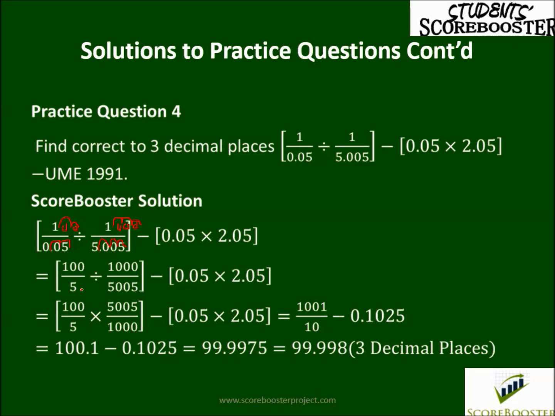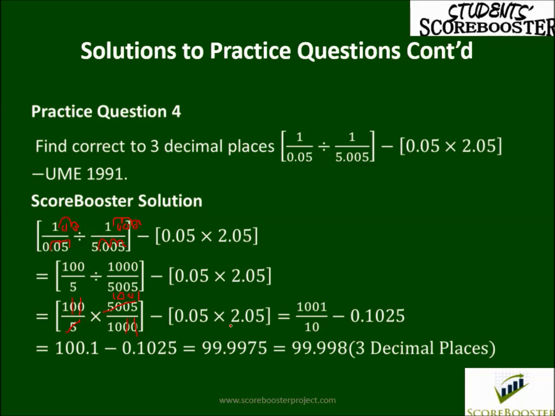So now the zeros can cancel out. When you cancel out the 0, then 5 here, then you have 1001. So when you divide 1001 by 10, you have 100.1.